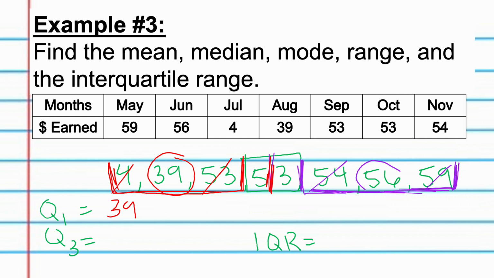That means our new median for the second half is 56. So when we have our interquartile range, we take our larger number, 56, and we subtract our smaller number, 39, which gives us our interquartile range of 17. 17 is our interquartile range.